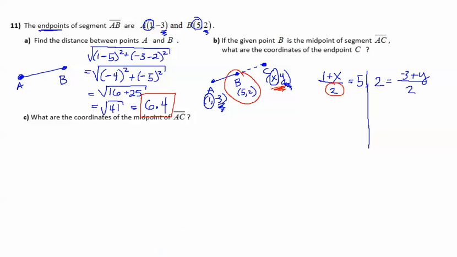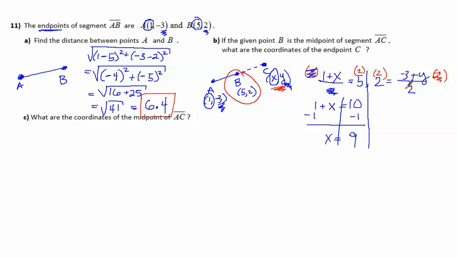Remember, when a denominator is in the equation, you just multiply both sides of the equation times that denominator. You use up this top 2 to cancel out that bottom 2, so you're just left with 1 plus x is equal to 5 times 2, 10. And then you solve this by subtracting 1 on either side, and you get that x is equal to 9. Following the same procedure on the other side, you have a denominator of 2, so you multiply times 2 on both sides.